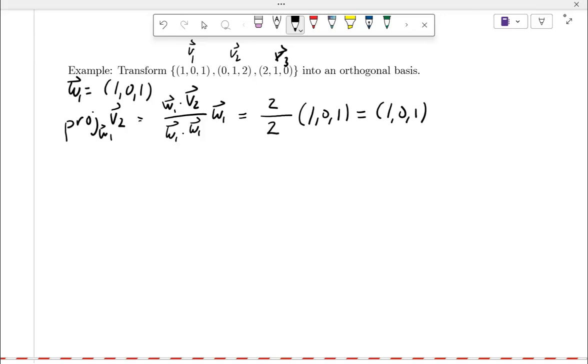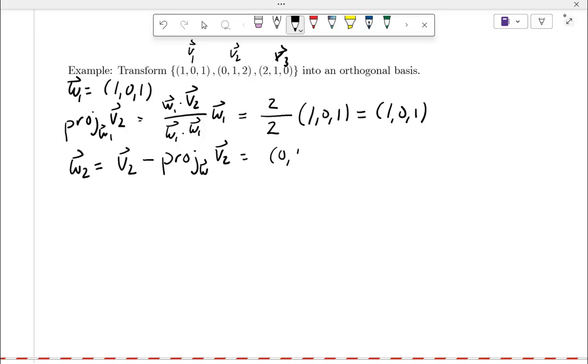But just to go through the process then, your W2 will be what? It's your V2. They're not orthogonal to each other, I lied. Your V2, oops, let me write it in terms of the formula first. V2 minus the projection of V2 onto W1.